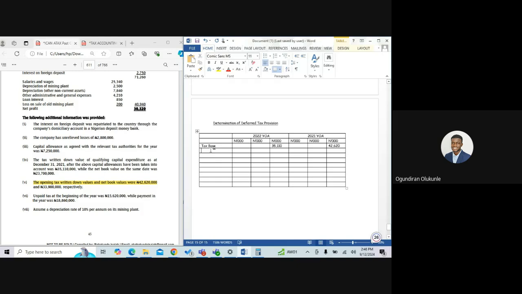Then less carrying amount. So what's the carrying amount? The closing carrying amount is 23,700. That's note 4. And then note 5, you have 33.